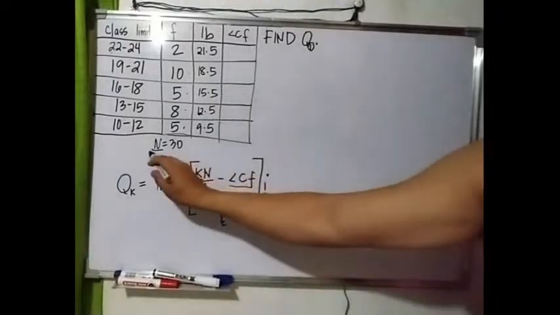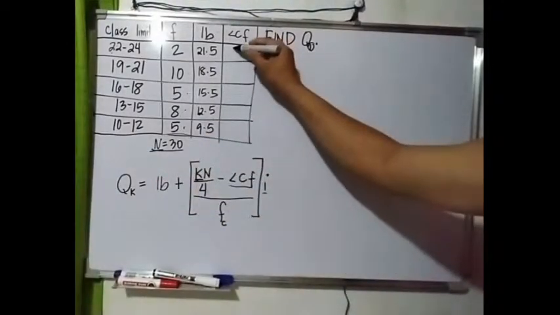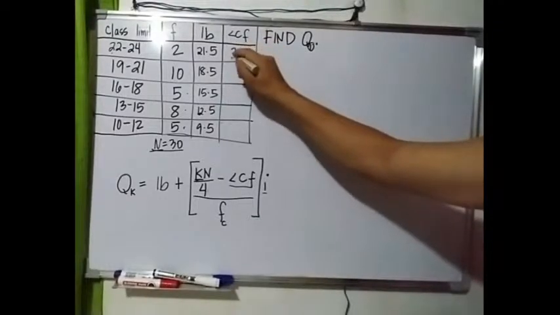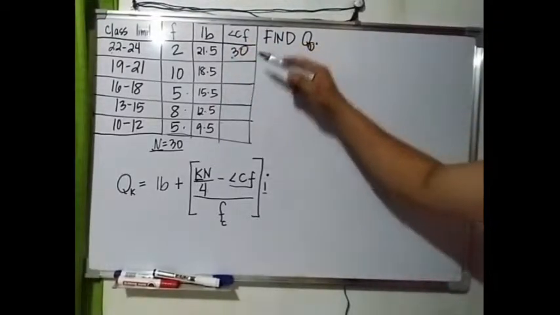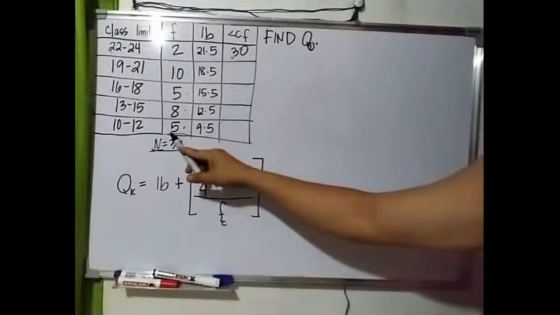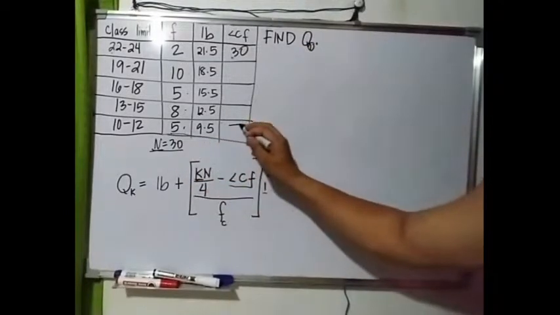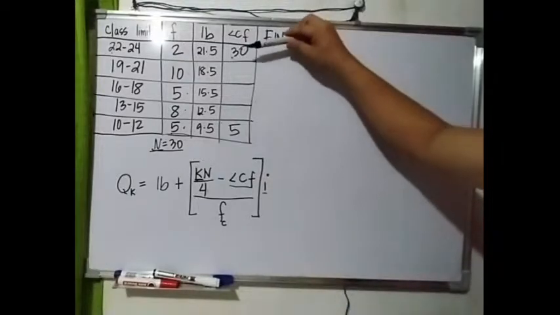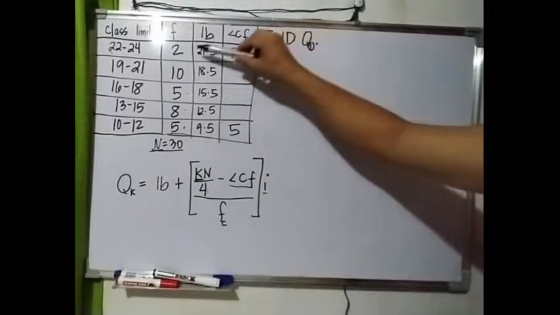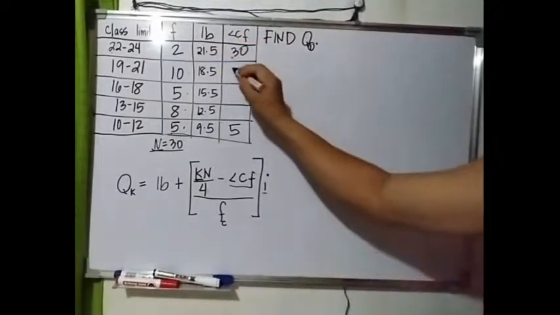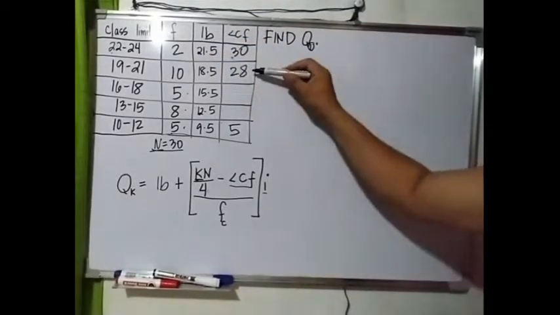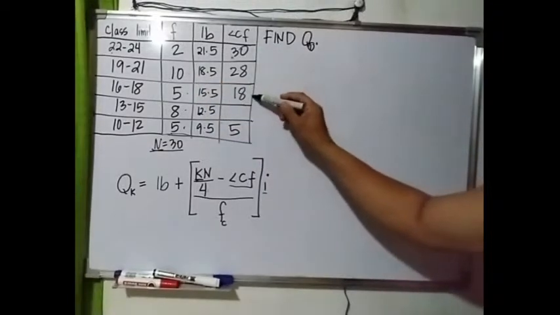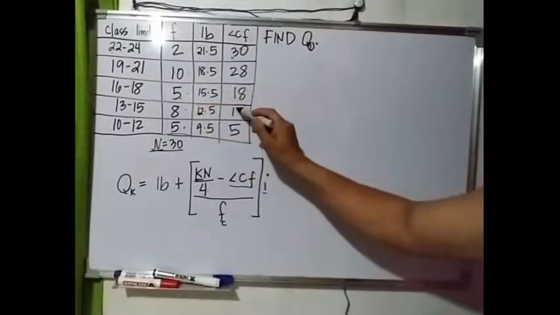Then kung anong value ng n dito, yan ang mauna dito sa cumulative frequency. So that is 30. Then kung anong last sa frequency, yan din ang last na cumulative frequency. So pwede na ito 30 minus 2, that is 28. 28 minus 10, that is 18. 18 minus 5, that is 13.